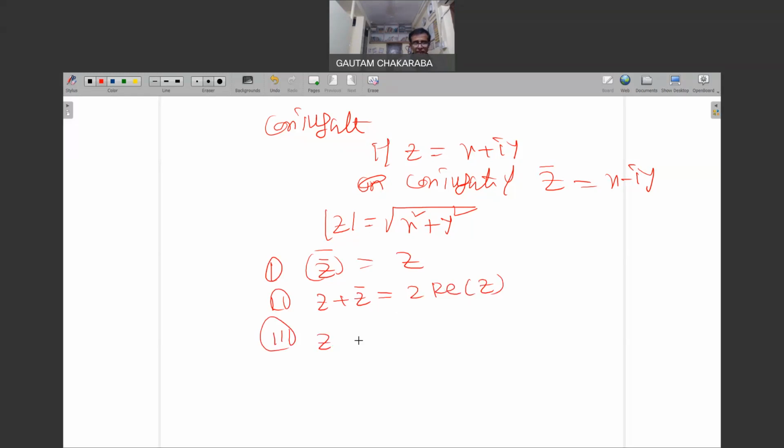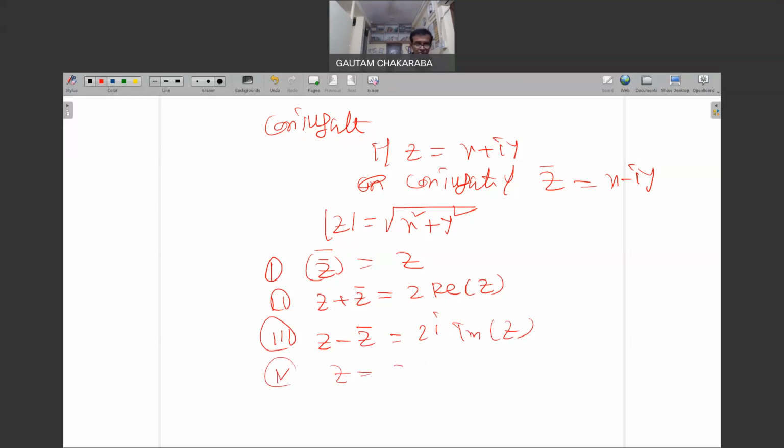Third, z minus z conjugate is equal to, not 2 by, this is 2 times i, 2 times i times the imaginary part of z.